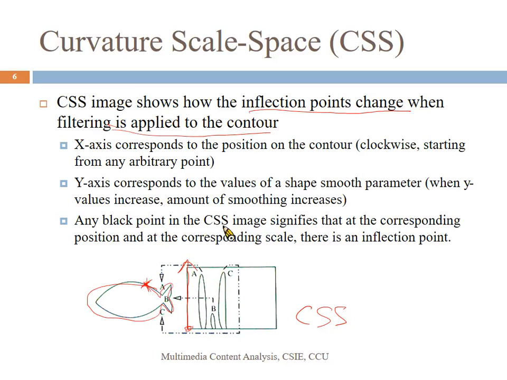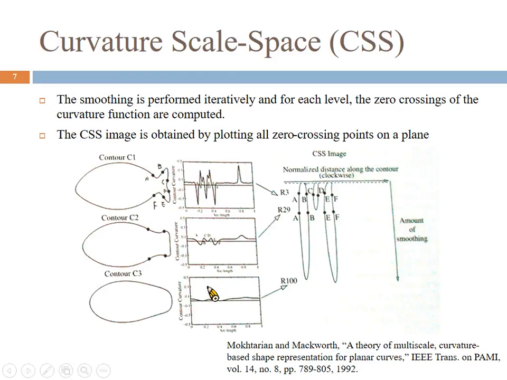Any black point in the CSS image signifies that at the corresponding point and the corresponding scale, there is an inflection point. So if we apply more smoothing and some point is still an inflection point, then the value will be higher. Let's check an example in the following slide.